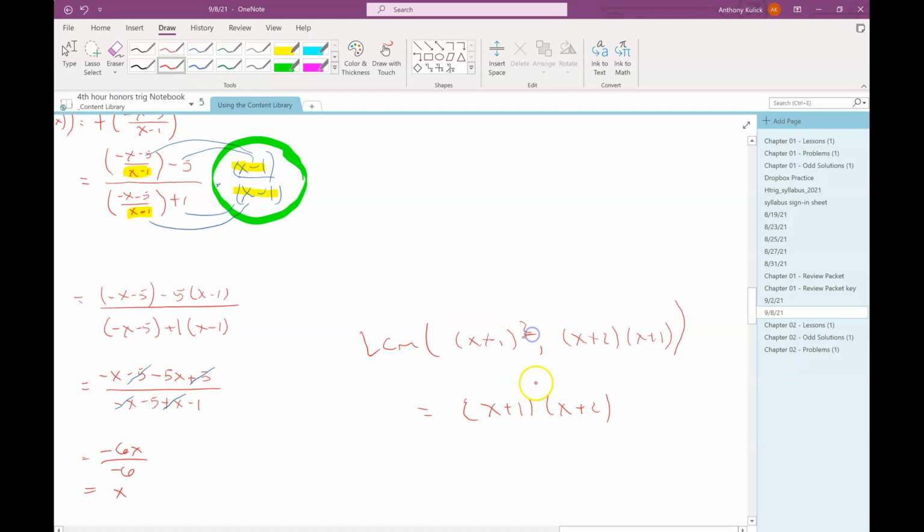And the biggest exponent on the x plus 2s is a 2. And the biggest exponent on the x plus 1s is a 1. So that would be my least common multiple of them. Okay, is that okay? Yeah. So it's the same thing you're doing with real numbers. It's just you have variable expressions, but it's the same concept. All right. Is that okay?